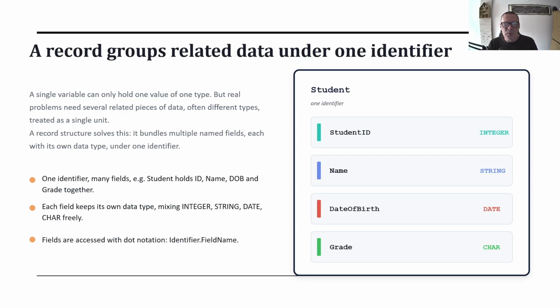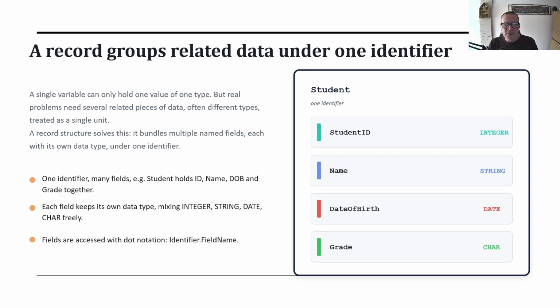It bundles multiple named fields together, each with its own data type, under one identifier. So in this case, we have student, and student is a data type, but it's a record data type. And within that, we have student ID, name, date of birth, and grade.